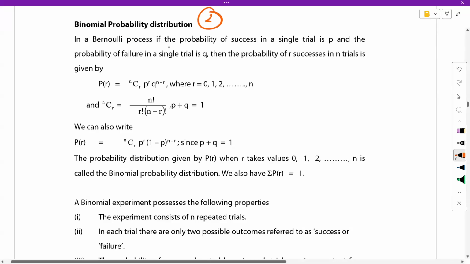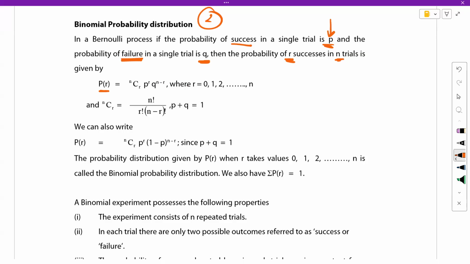In a Bernoulli process, if the probability of success in a single trial is P, and the probability of failure in a single trial is Q, then the probability of R successes in n trials is given by this equation: P(R) = nCr × P^R × Q^(n−R). Here n is the number of trials, R is the number of successes, P the probability of success, and Q the probability of failure.